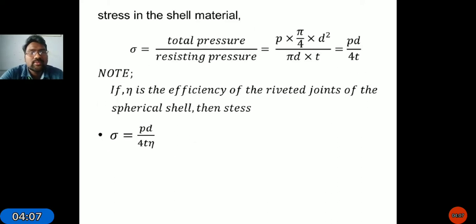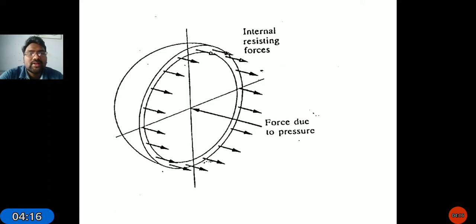Similarly, substituting that formula, P into pi by 4 d square by the resisting area pi d into t. Pi d is the resistance offered along the thickness, so we take the area as pi d into thickness.